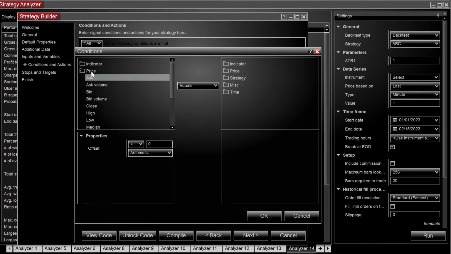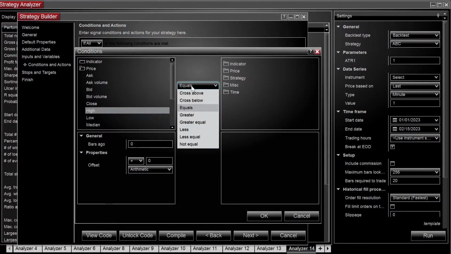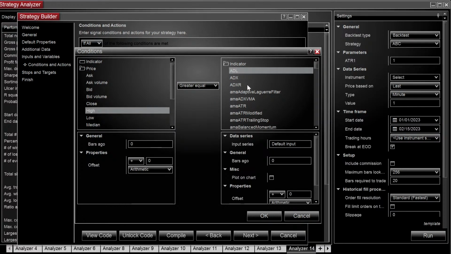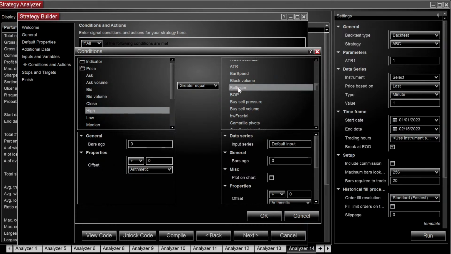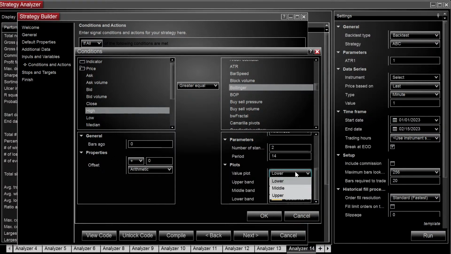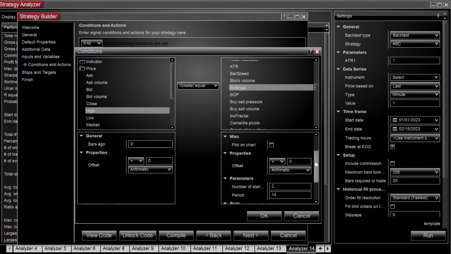If the strategy seems to be doing pretty good, then we'll add some additional rules to where we actually enter at the band, like in real time, instead of waiting for the bar to close. But for right now, we can just use the high. So the high is greater or equal to the Bollinger upper band.